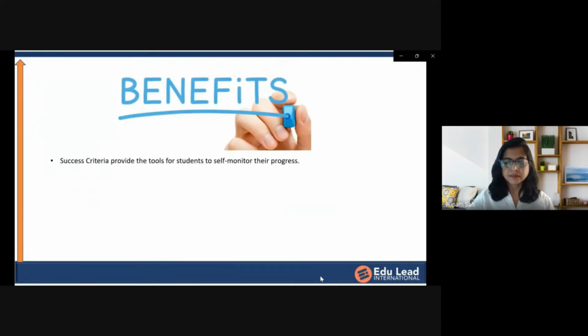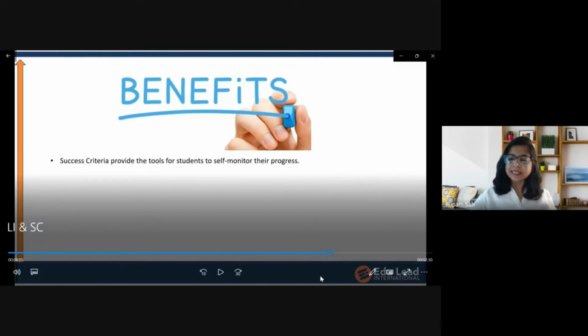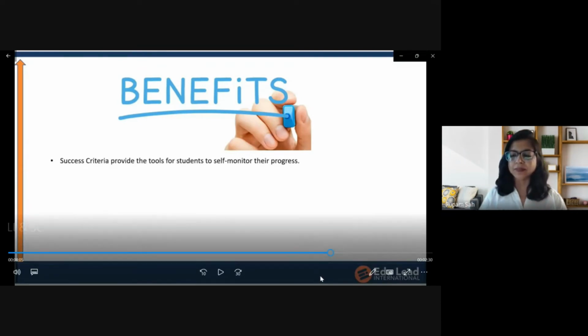So finally, what are the benefits of sharing success criteria? First of all, is this clear to you all? Just raise a thumbs up in case some of you have understood it really well. How to create success criteria? It's basically those small little things which the children should not miss out while they are presenting the work to you. And when should we be giving the success criteria?